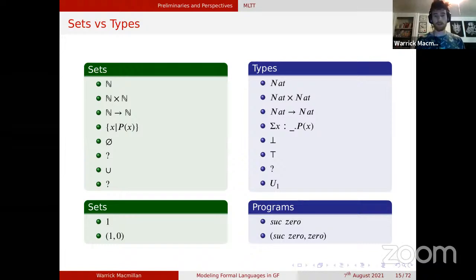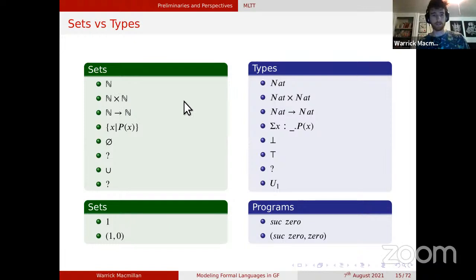So in type theory, at least in classical Martin-Löf type theory, there's no distinction, there's only types. So the natural numbers are just given a type, Nat. The product of two sets is a set.